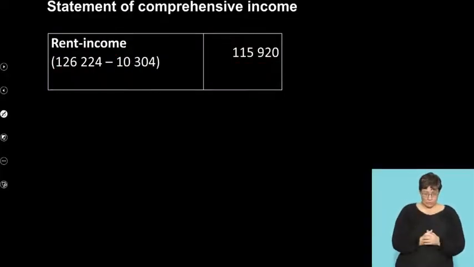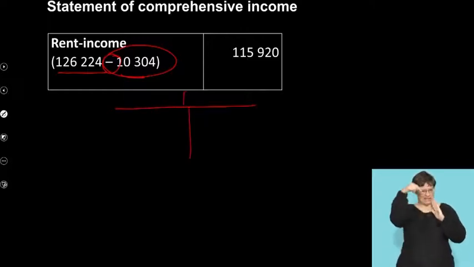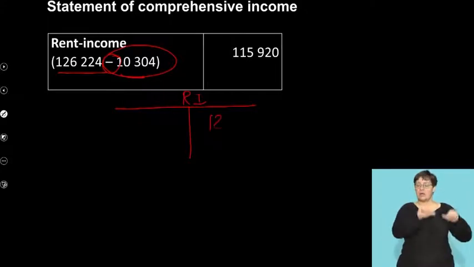Here we go. 126,224 given figure minus, that's the important operation. Minus, why? Debit the rent income. Let me just explain this a little bit further for you. Here's my rent income, right? It's an income account with a credit of 126,224.